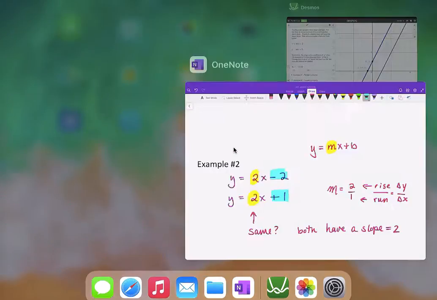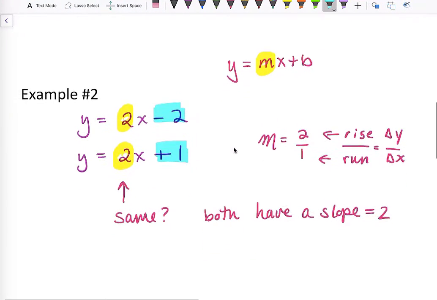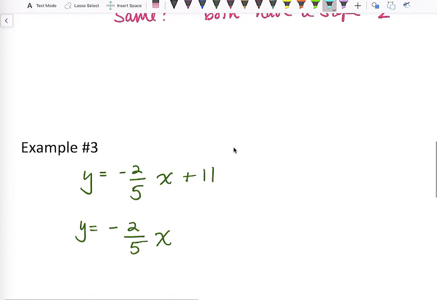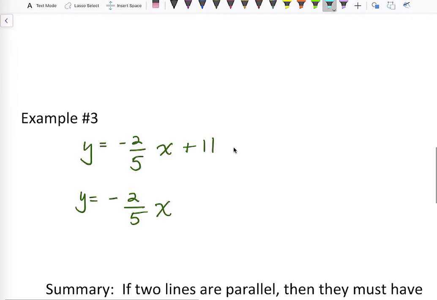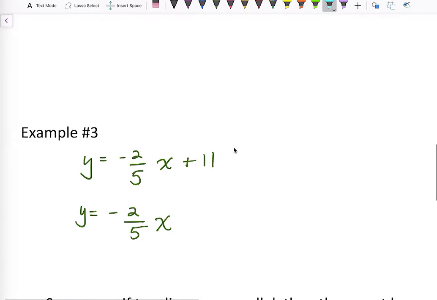All right, let's look at one more example before we finish up this video. For example 3, again, we're looking at two equations, and both are in y equals mx plus b form, which is nice. If you have your equations in this form, it is super easy to pick out the slope because it is just the coefficient of the x variable. Here it's -2/5.